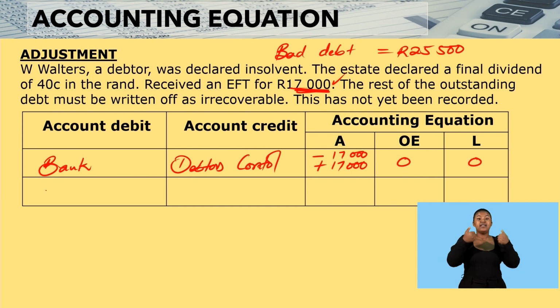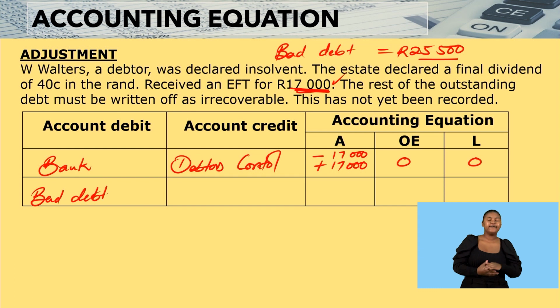And the next one is going to be the 25,500, which was written off as a bad debt. The account to debit is bad debt. So I debit my bad debt. Remember, bad debts are an expense, so it decreases my owner's equity, minus 25.5.